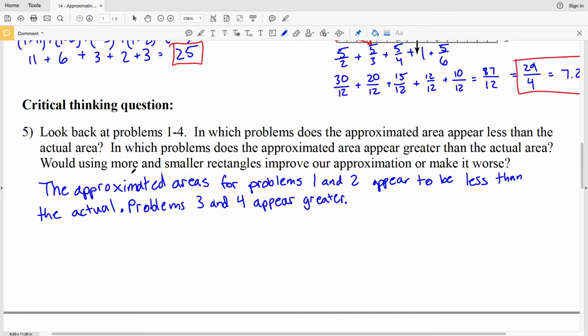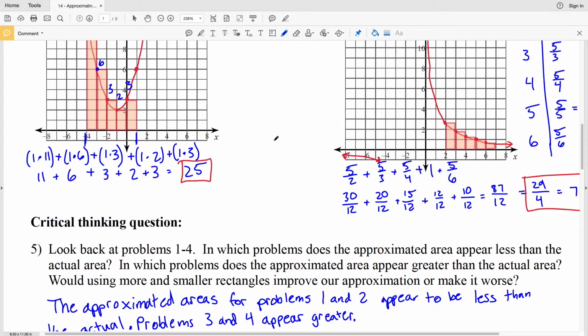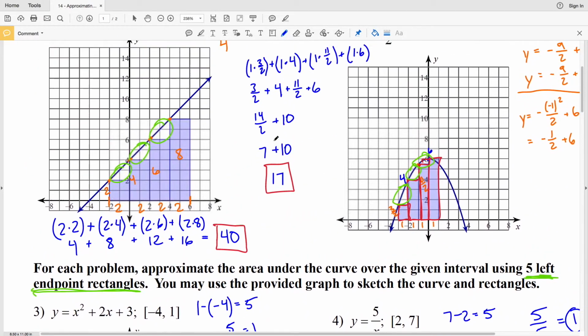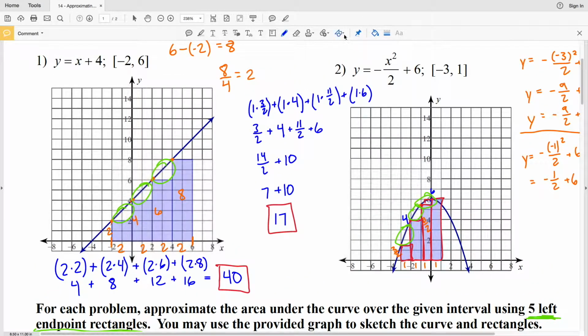And our final question asks, would using more and smaller rectangles improve our approximation or make it worse? Well, let's look back up at number 1. Let's say if we were to use more rectangles, so as opposed to using 4, let's say we used 8.